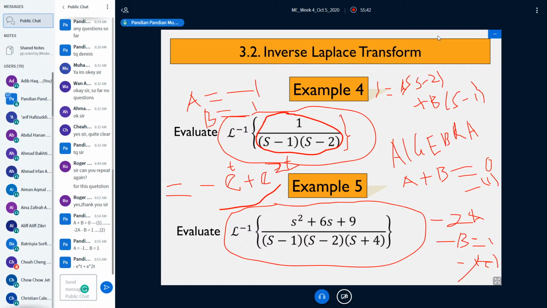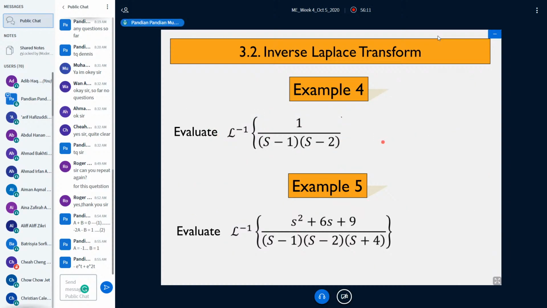The answer for this is here: minus e power t plus e power 2t. So I'm using this star button for the power. So if you solve problem number 1, you get the answer minus e power t plus e power 2t.